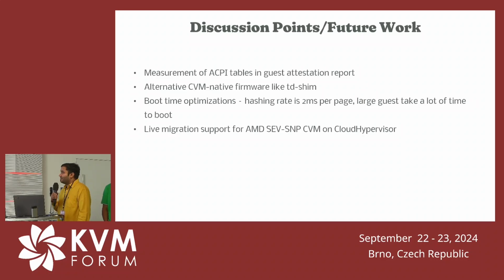For example, let's take the CPU count, which is usually present in the MADT table. If I have to include the MADT table as part of my attestation report generation, then I need to generate as many IGVM files as the number of CPUs I want to support. This is really painful. So as a workaround, we have a PV interface instead, through which guests can be made aware of how many CPUs they have instead of using ACPI tables.